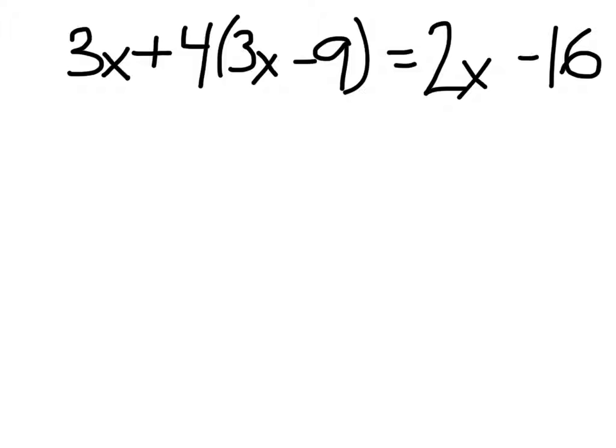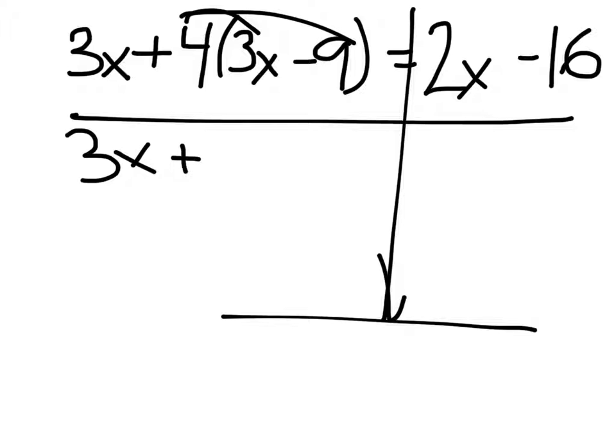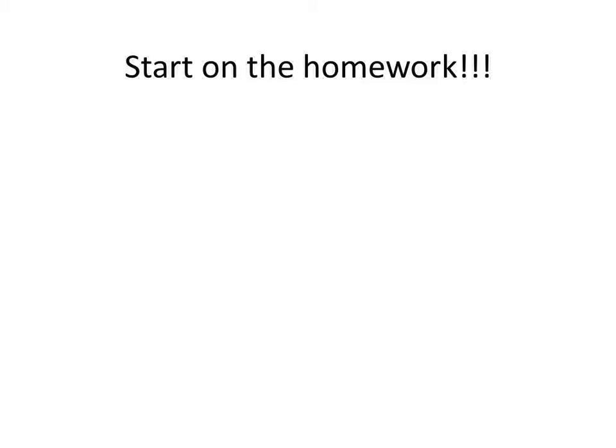If you see something like this, then you can't just say, I'm going to divide by 4, because where do you divide by 4? Some of you may know that, but most of you don't. So if this is the case, you really just need to use the switch and stay game with expressions that look like this. All right, you line through the equal sign, you need to distribute. You get 3x plus 12x minus 36 equals 2x minus 16, and the rest of it. Okay? All right, beep, beep, beep, bop.